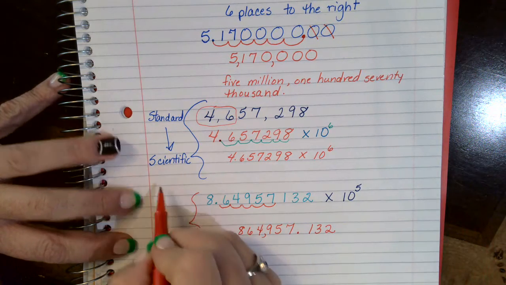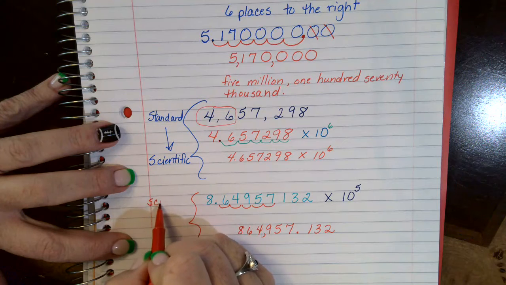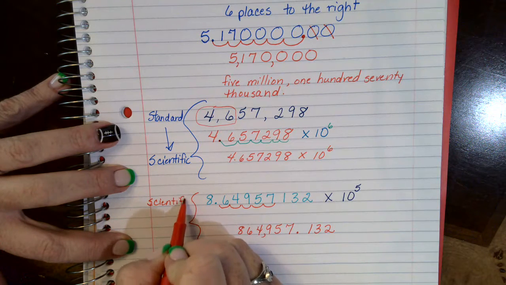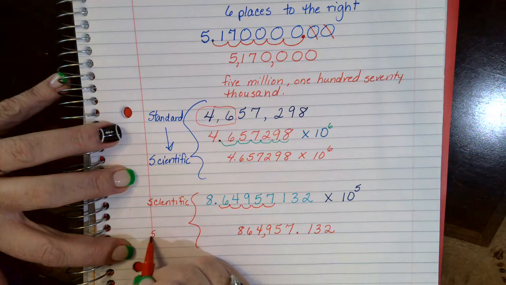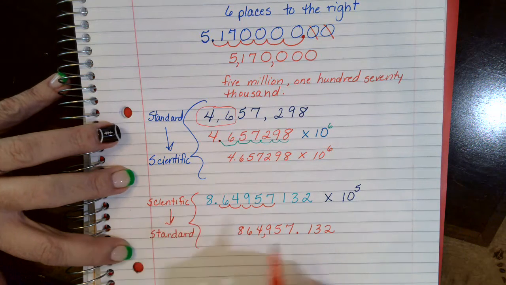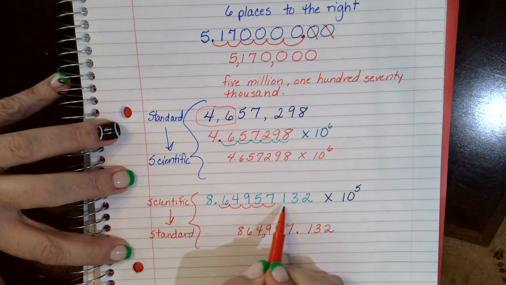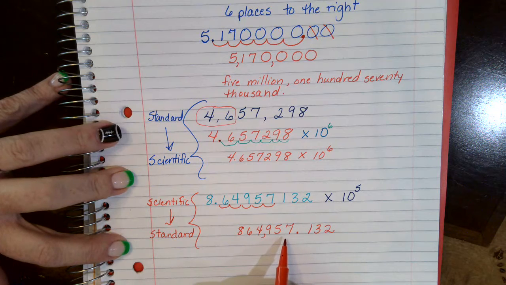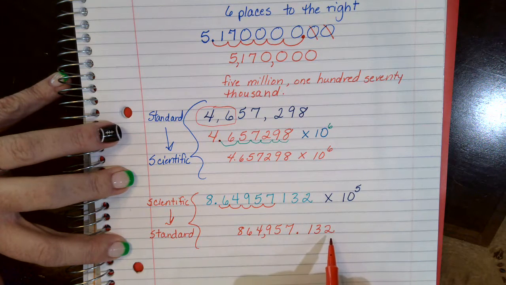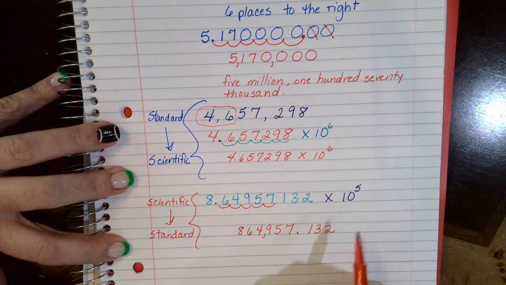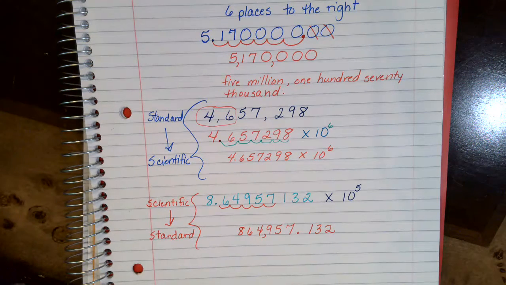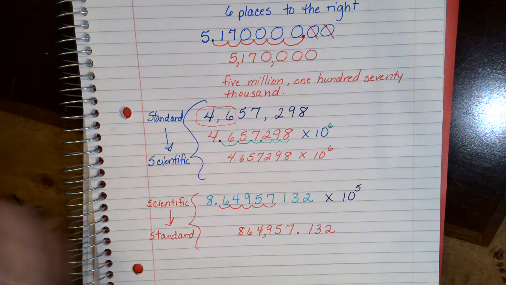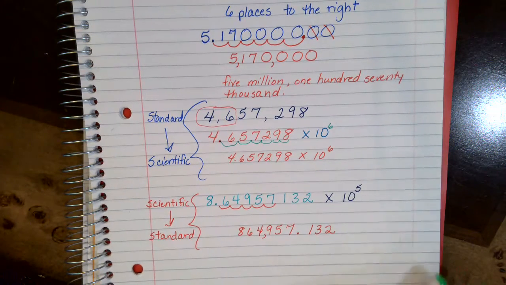In this one, we moved from scientific to standard. 8.57132 times 10 to the 5th is actually 857,132. I know that seems like a lot, but you can go back and forth easily between the two.